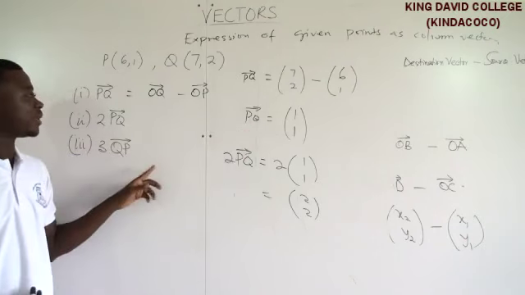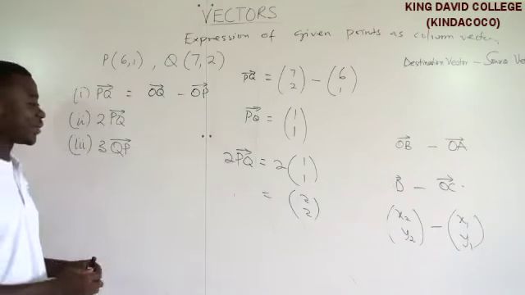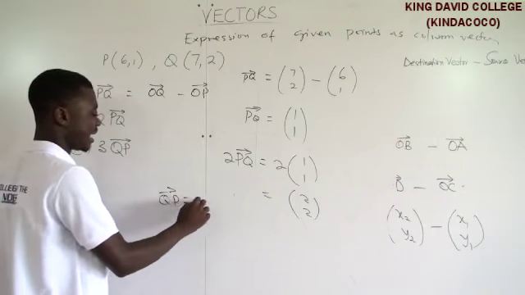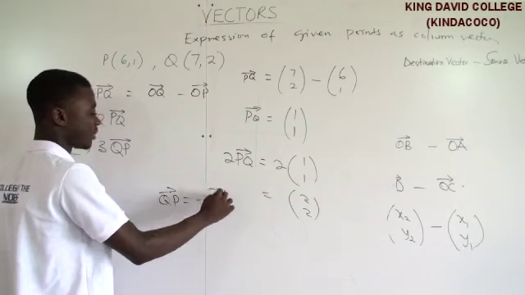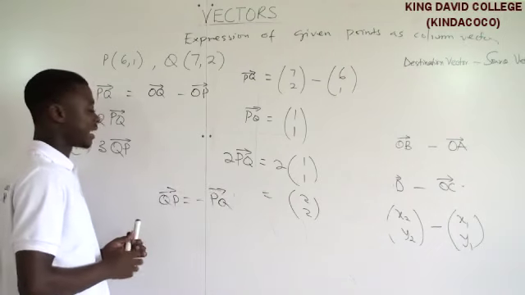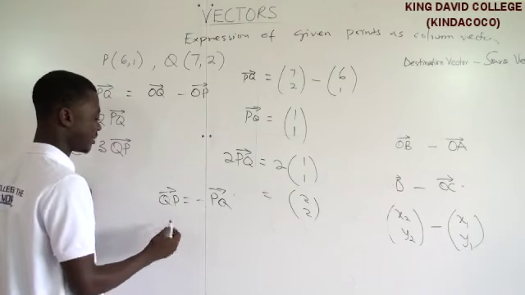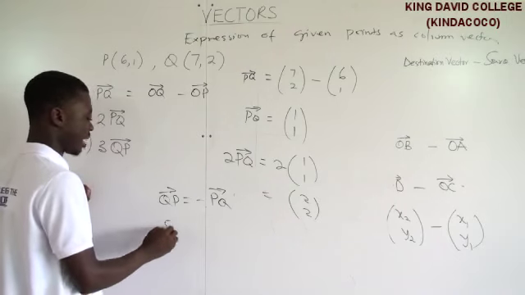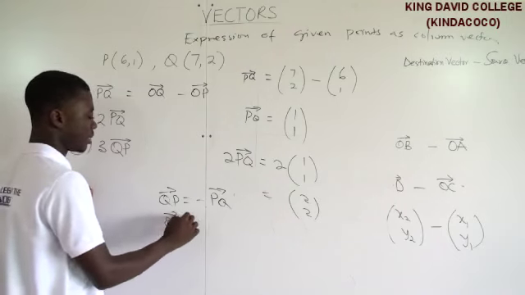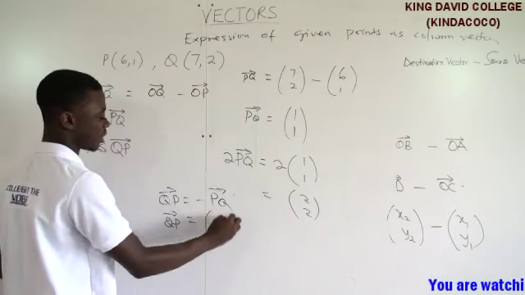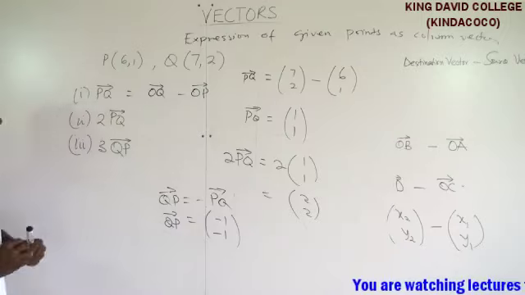So we all know that vector QP is the negative of what? Vector PQ. So vector QP will be the negative of this value, which is (-1, -1). You see that? (-1, -1).